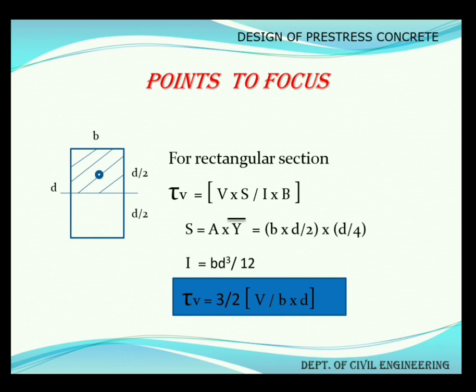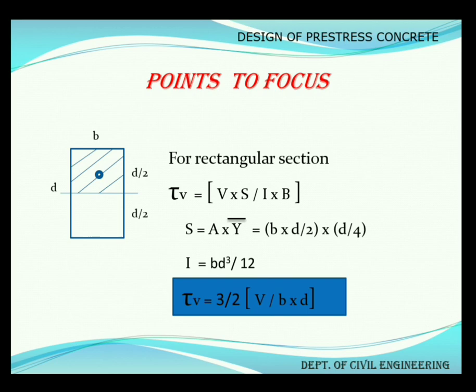You can take the notation capital B or small b. So S is equal to A into Y bar, where A is the area of the section on which the shear force has the impact, which is given by B into D by 2. So this is an important point here. In calculating area, you have to take half of the depth only. Then Y bar is half of D by 2, that is D by 4. The I formula we all know for a rectangular section is B D cube by 12.